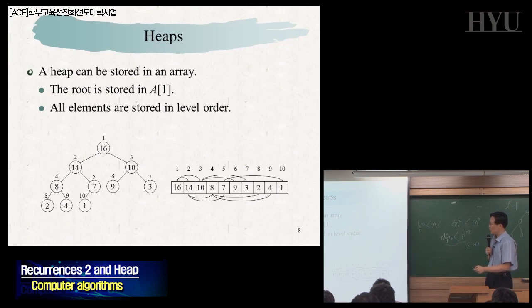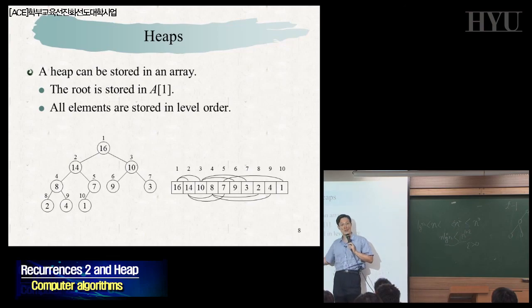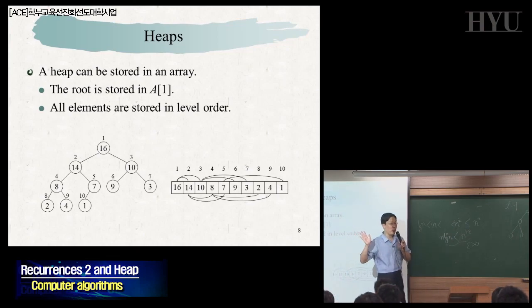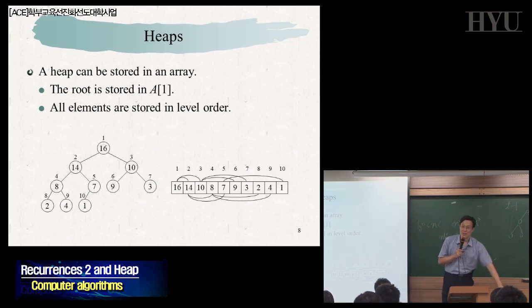They are stored in level order. And we don't store the edge information. So we don't need any pointers. And the question is, then how can we find children or parent in constant time? It's not difficult.